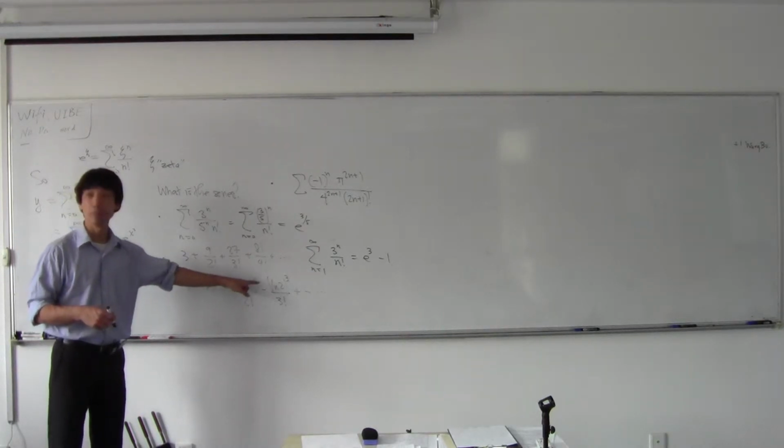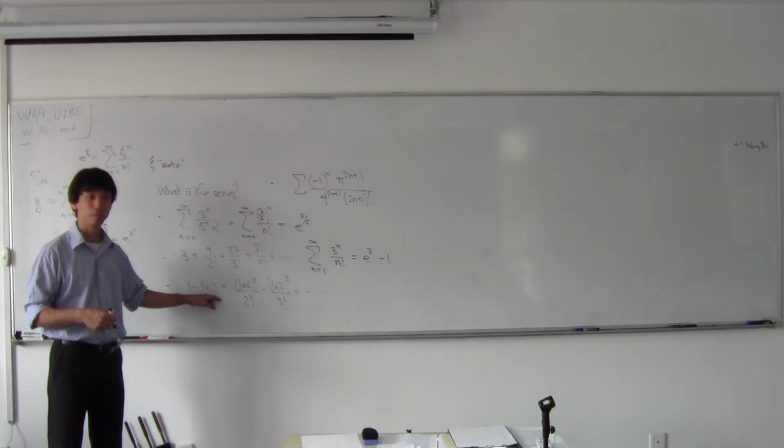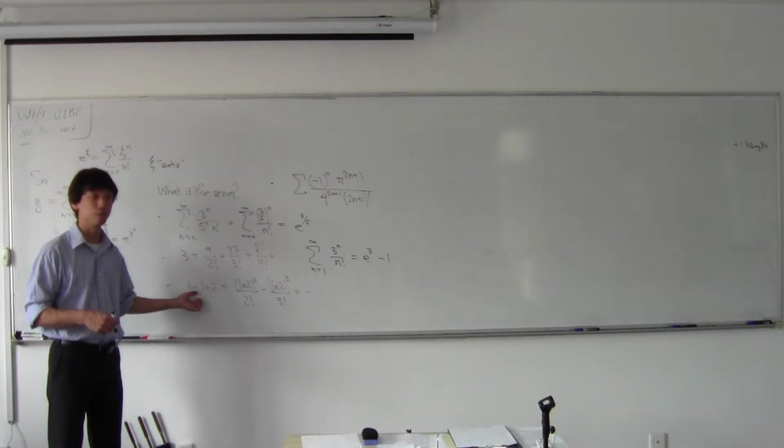Negative, positive, right? So if it were all positive, then yeah, then it would be e to the natural log of 2. That's just like 2. 1 minus e to the natural log of 2.